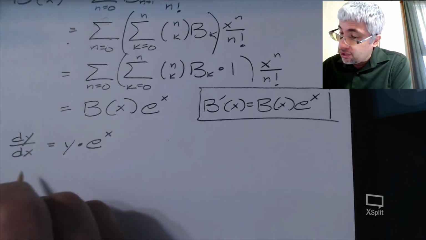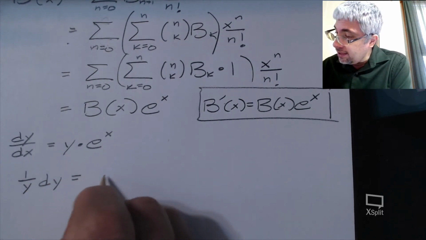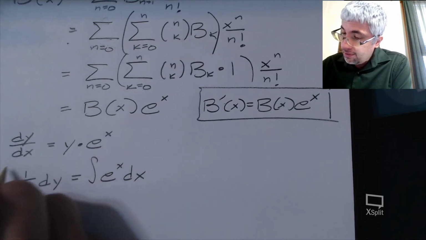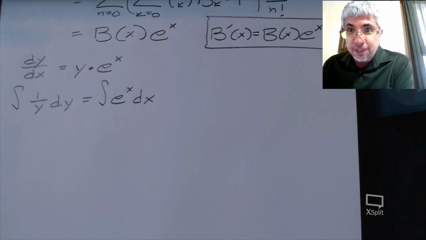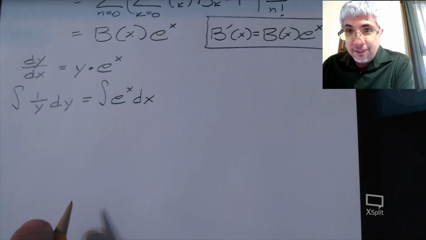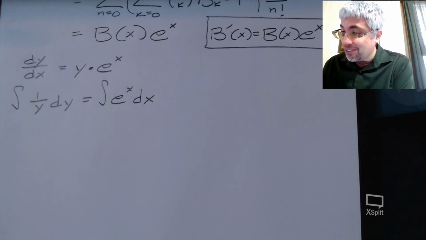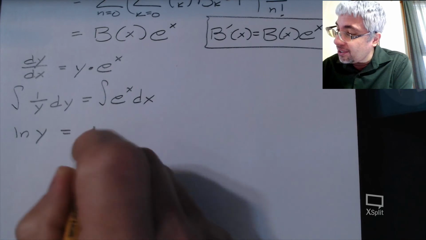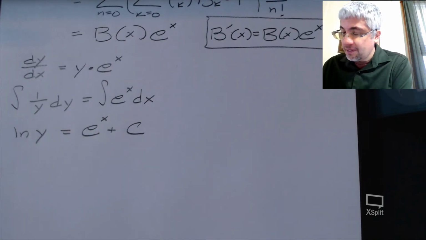We can actually separate this. Yes, it is legal. Consult your differential equations people for that. We're not going to go on a tangent here because we have to get to the end. We have to find this generating function. So what does this give me? It gives me log y is equal to e to the x plus a constant.